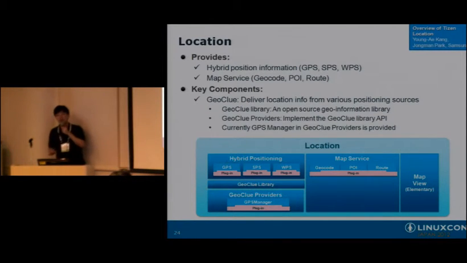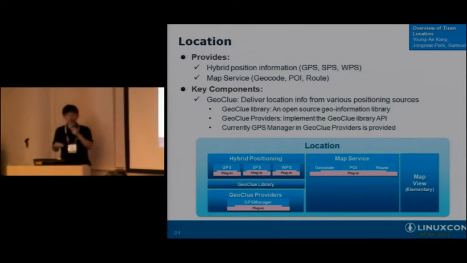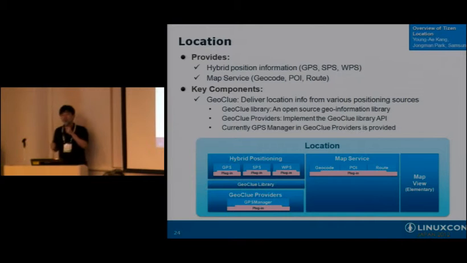Location service provides hybrid position information: GPS from satellite, SPS from sensors, and WPS from Wi-Fi access points. So this kind of position information is handled by the location-based service.